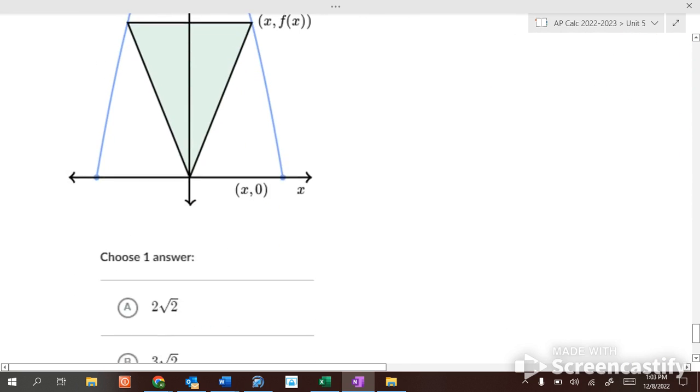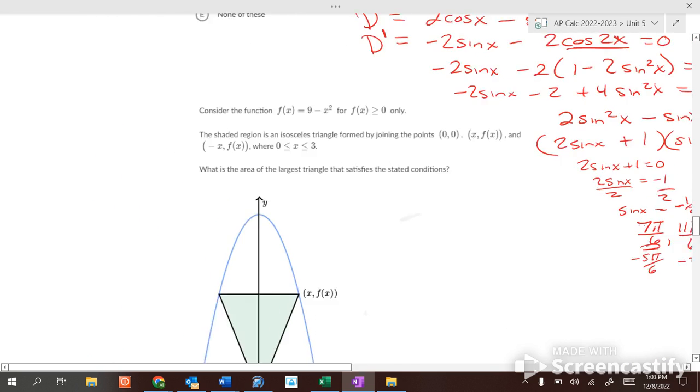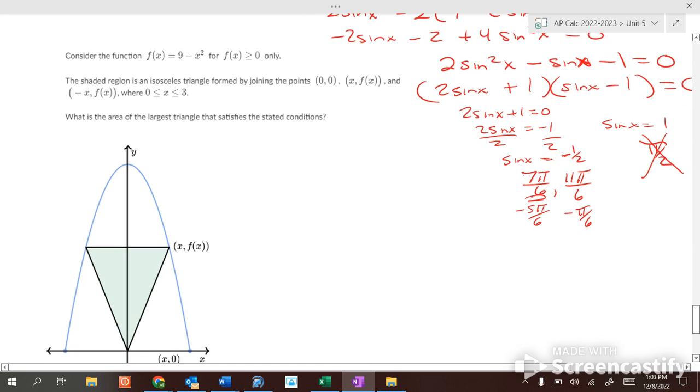Last one, okay? Consider the function 9 minus x squared. That's the upside down parabola here. The shaded region of the isosceles triangle is where it touches this. So another isosceles triangle might look like this.